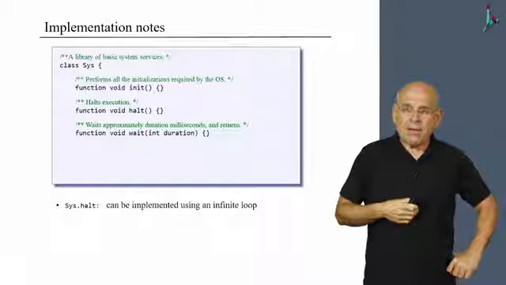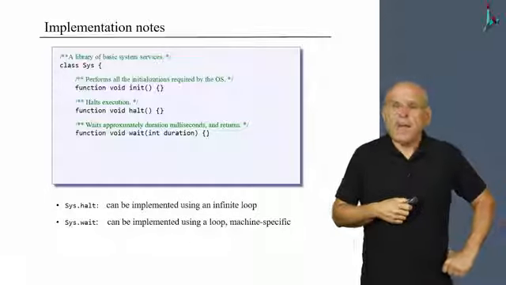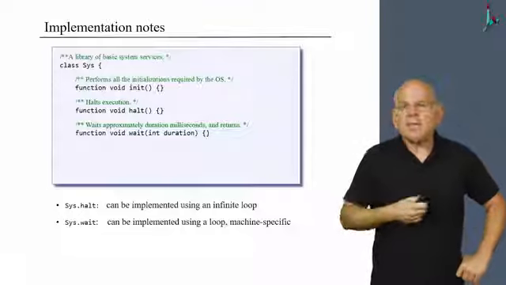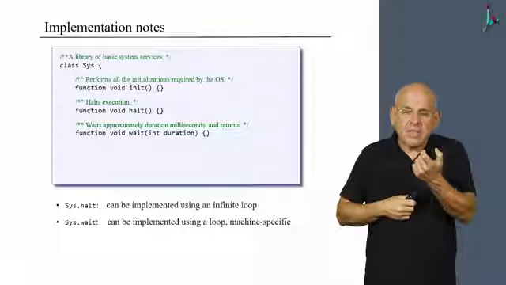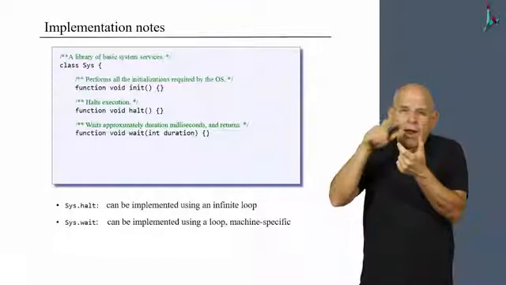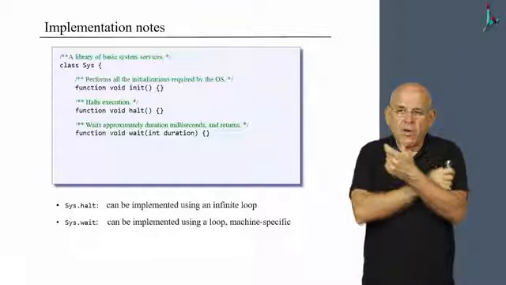Now, how should you implement it? Well, once again, I recommend that you use a loop. And the loop should have some delay factor in it, some constant that playing with this constant will help you make sure that the runtime of this loop will be such that it conforms to the required duration.